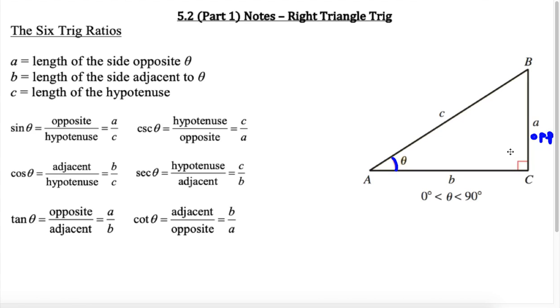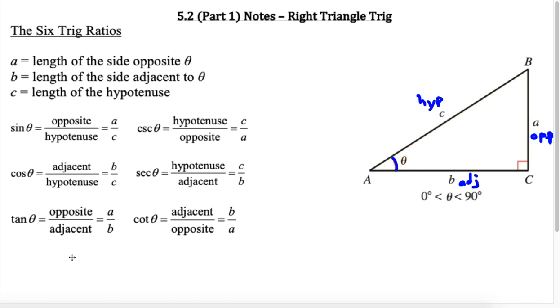Side C is the hypotenuse, that's the side that is opposite the right angle. And then B is what we call the adjacent side. So sine is defined as opposite over hypotenuse. Cosine is defined as adjacent over hypotenuse. And tangent is defined as opposite over adjacent.